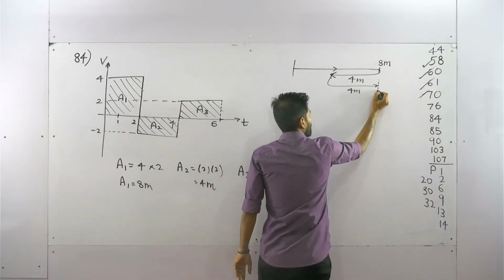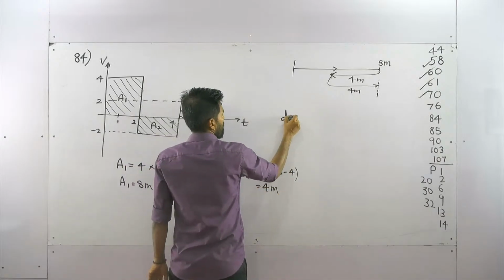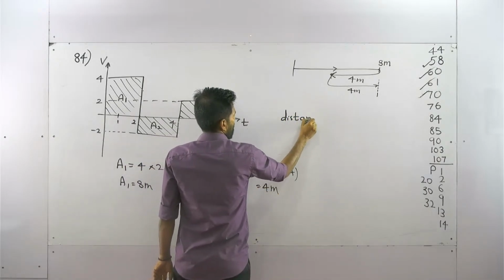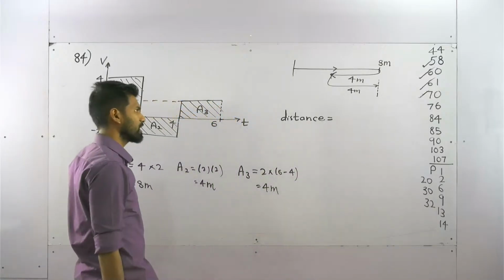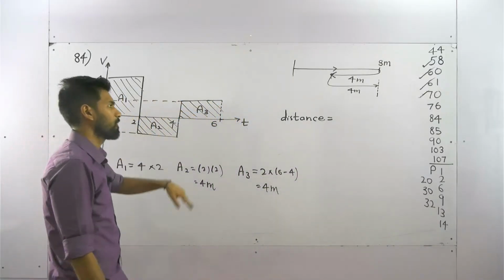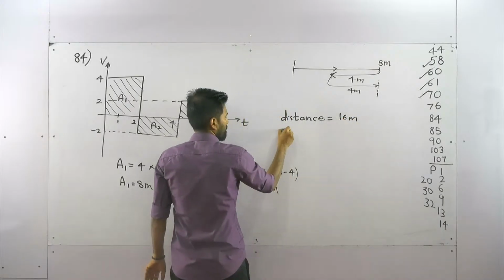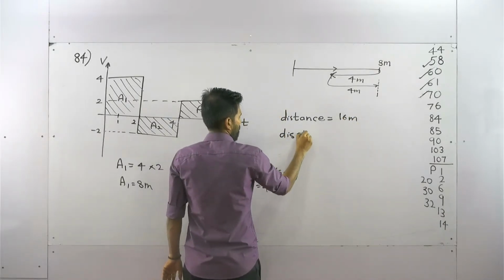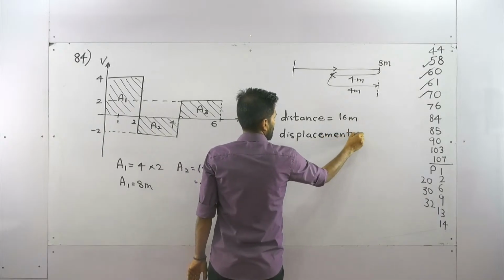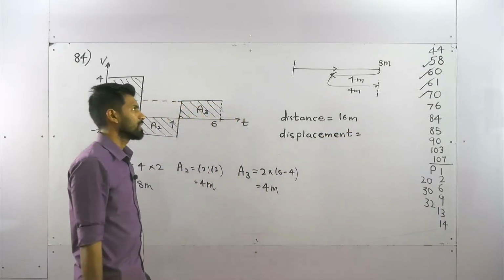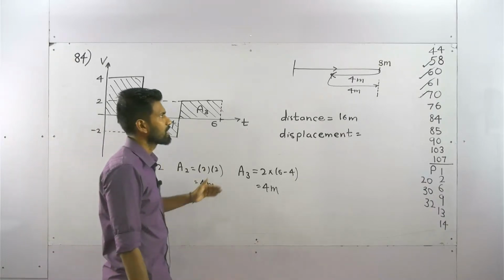Now it is here. So what is the distance? Distance is the length of the route. 8, 4, 4, 16. But what is the displacement? It is the linear gap between the initial and final points. So it's 8 meters.